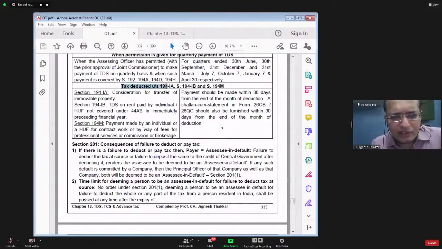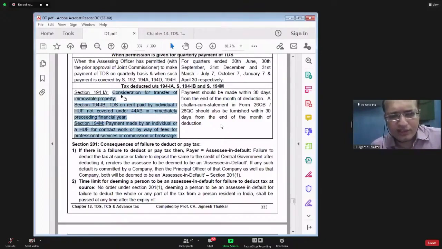Whenever TDS is deducted in section 194IA, IB and 194M: 194IA is consideration for transfer of immovable property. 194IB is TDS on rent paid by individual or HUF not covered by 194I. 194M is payment made by individual or HUF for contract work, fees for professional services, commission, brokerage.